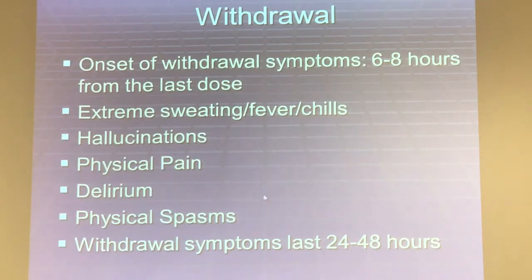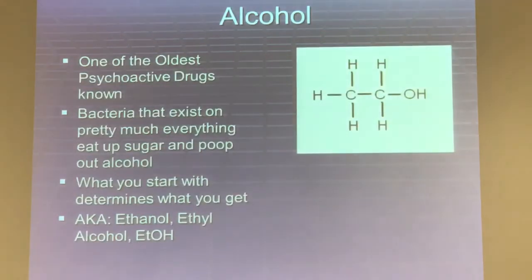One of the sucky things about it is that any small amount of any opiate, Vicodin or morphine or heroin, will stop these withdrawal symptoms immediately. So you're really, really desperate for any sort of relief after 24 to 48 hours of those symptoms.